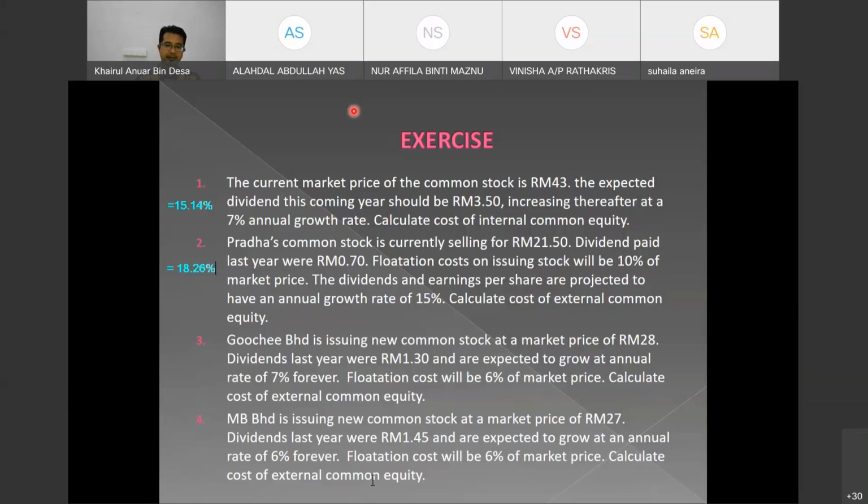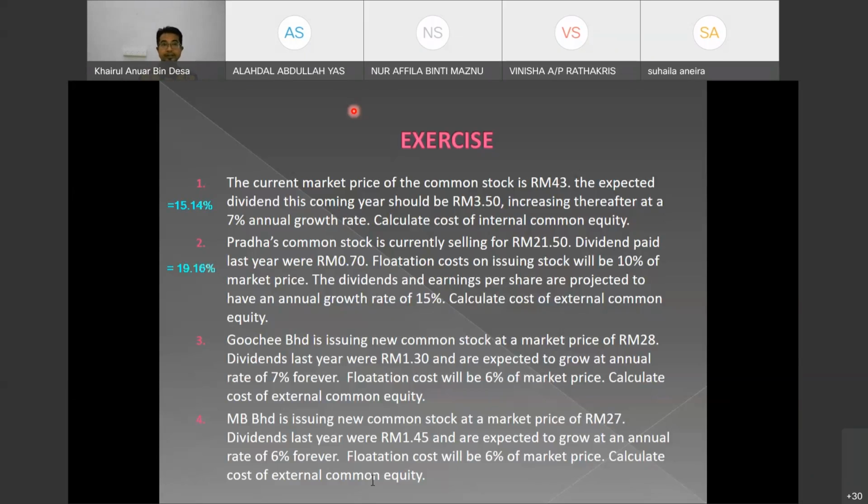Siwi and Susan's answer is correct, 19.16%.